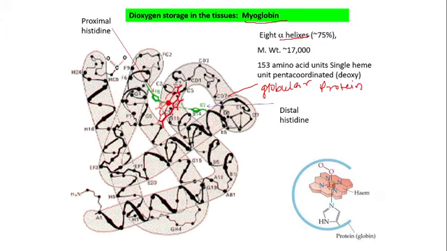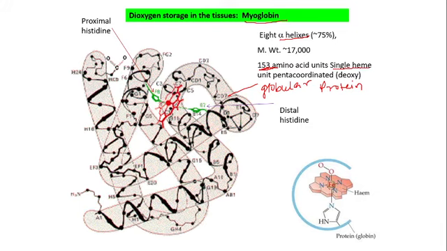It contains a single polypeptide chain containing about 153 amino acids. There is only one polypeptide chain, that means this is a monomeric polypeptide chain, and it contains only a single heme unit.